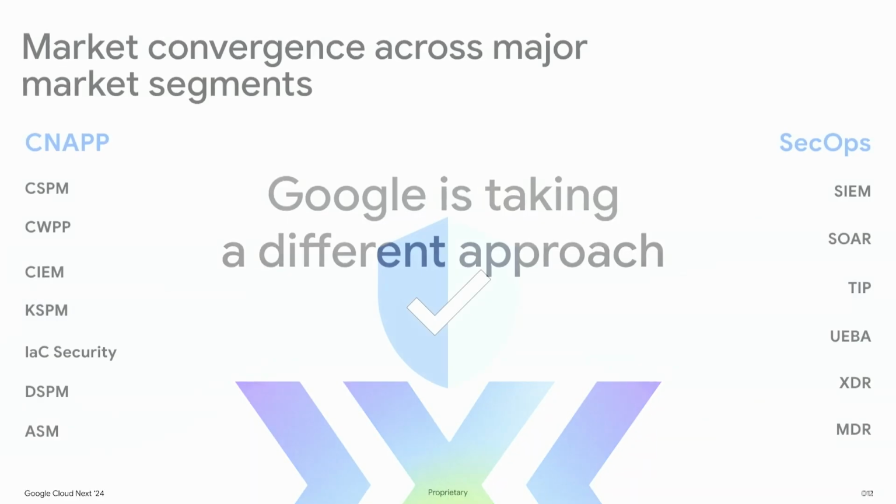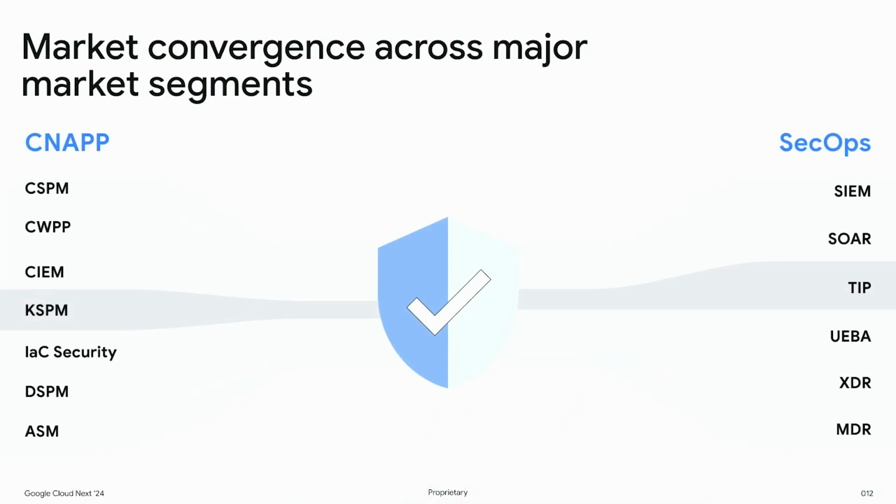We decided that we had an opportunity to do things radically different here. When we looked at the market, we saw a ton of convergence. We have just spent the last 4 years building out a highly differentiated and innovative solution suite with the Chronicle SecOps suite. Within that, we saw the consolidation that happened between SIEM and SOAR and TIP and UEBA very rapidly. Gartner considers all of that one category.